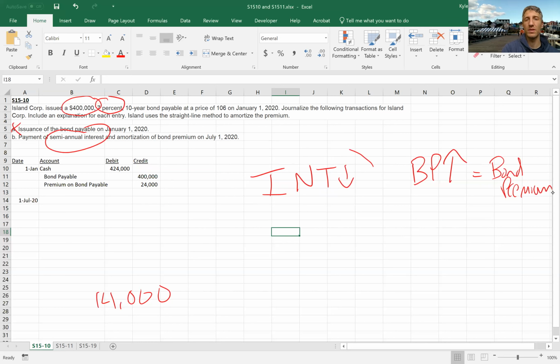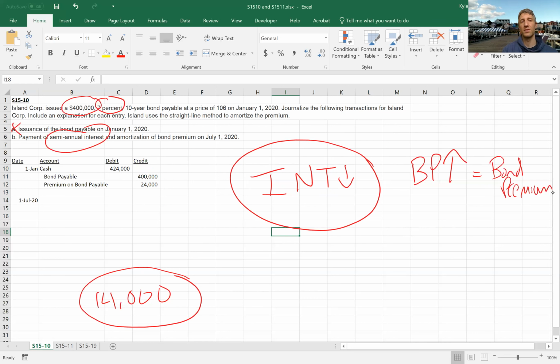Well, interest rates go down, and we just calculated the interest if it was at par. But this wasn't at par, this was at a premium, so you would think our interest expense is going to be lower, and that's true, it is. Our interest expense is going to be lower by an amortization of this bond premium that we identified in part A.